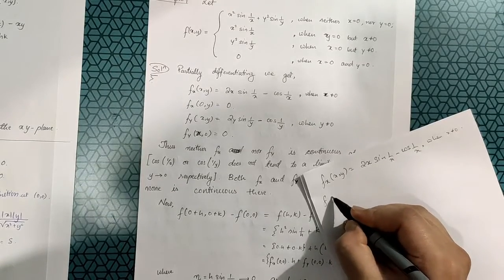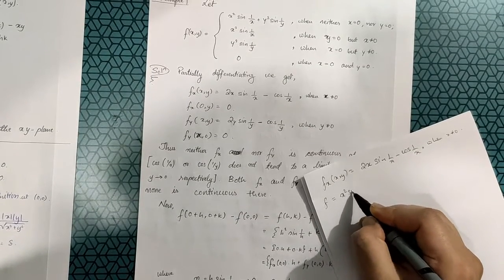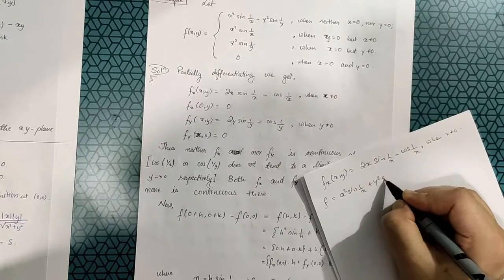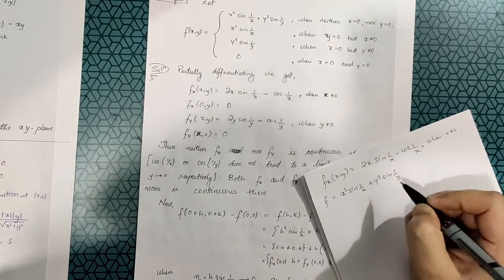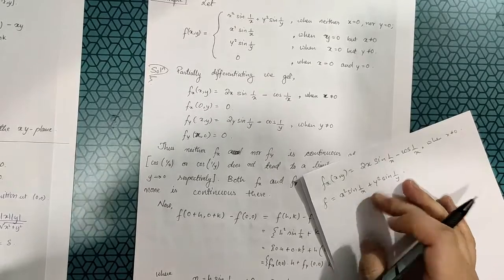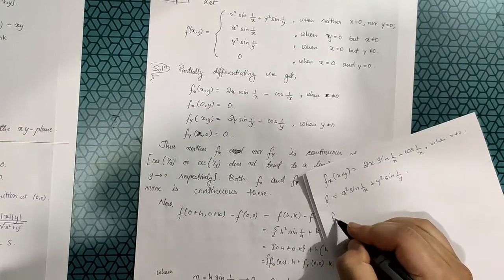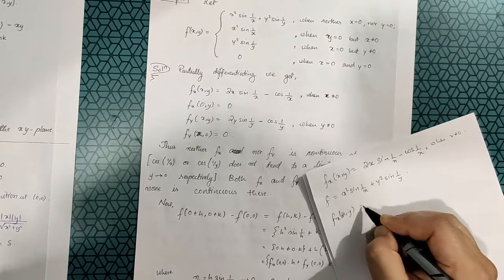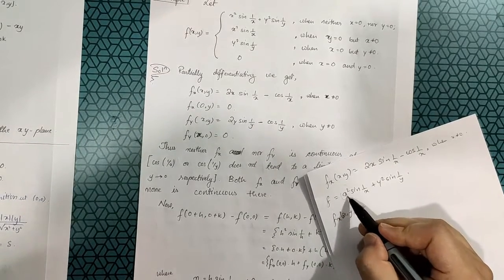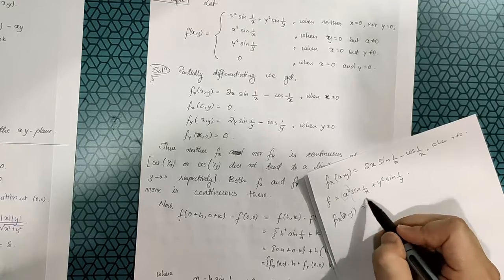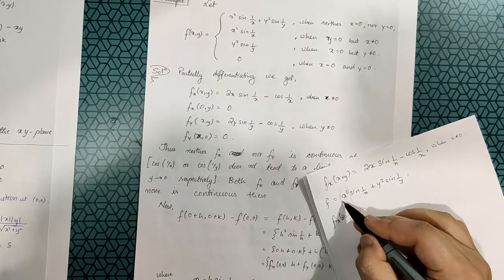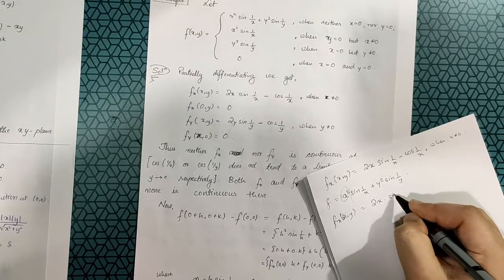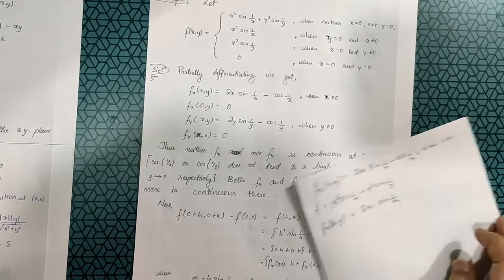So we had f equals x square sine 1 by x plus y square sine 1 by y. We take y to be constant and differentiate with respect to x. So f_x at any point (x, y) will be, first we differentiate this, then we differentiate this. Differentiating the first part, we get 2x sine 1 by x, keeping the other constant.